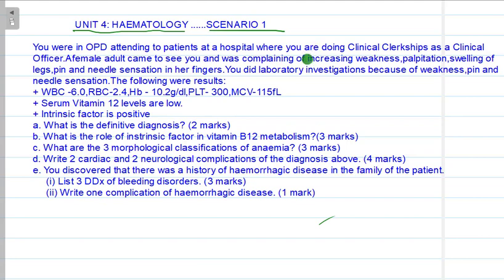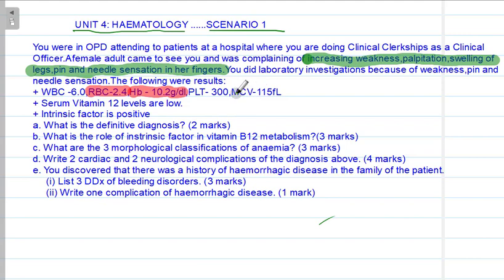The complaints are increasing weakness, palpitation, swelling of the legs, pins and needles sensation in the fingers. Now let's try to discover the problems. The white blood cells are okay, but the red blood cells are low, and the HB also is low.